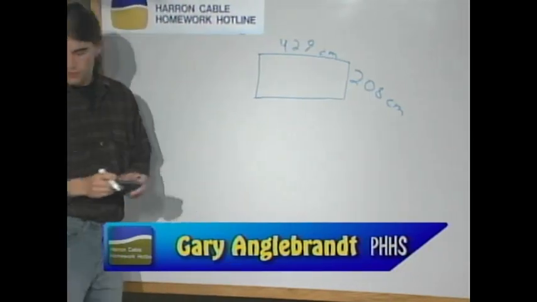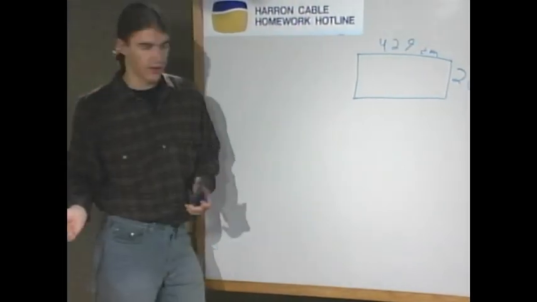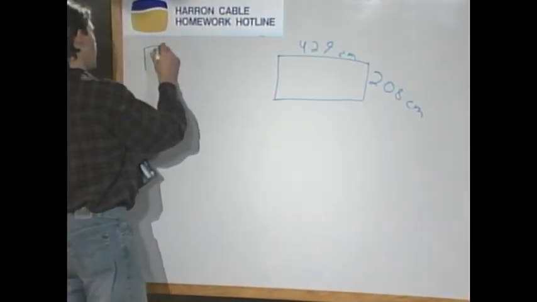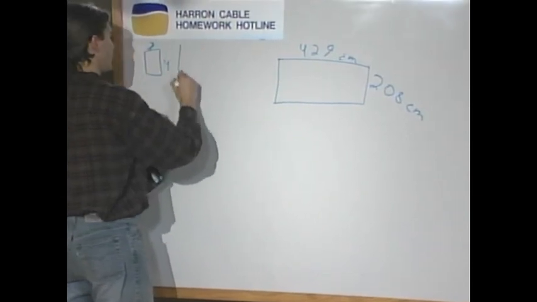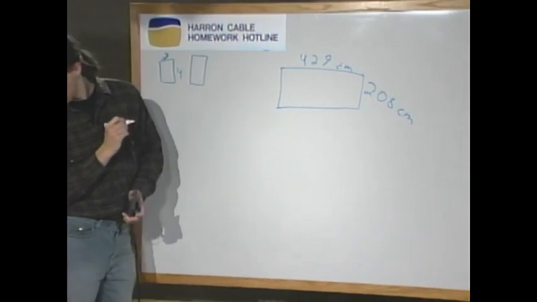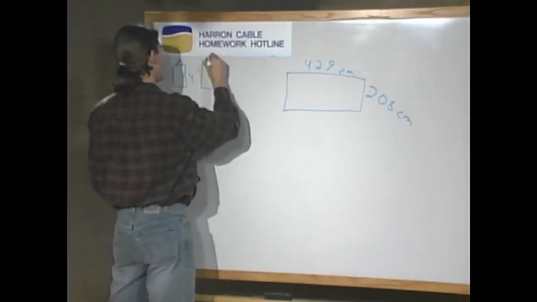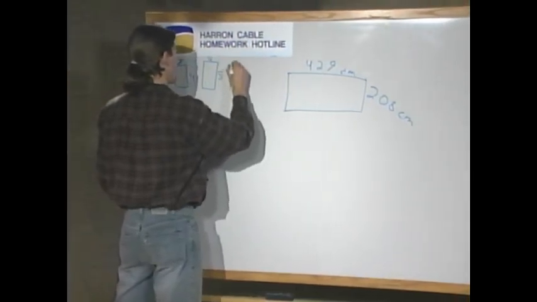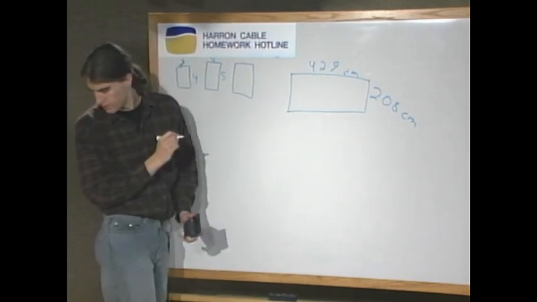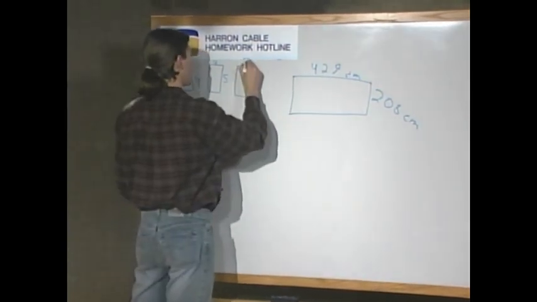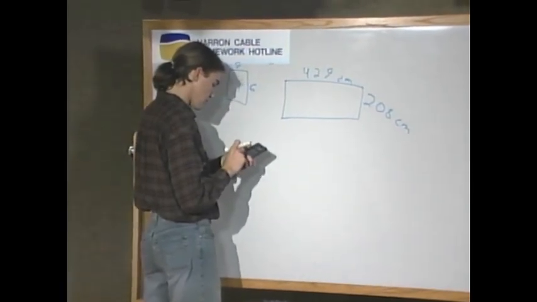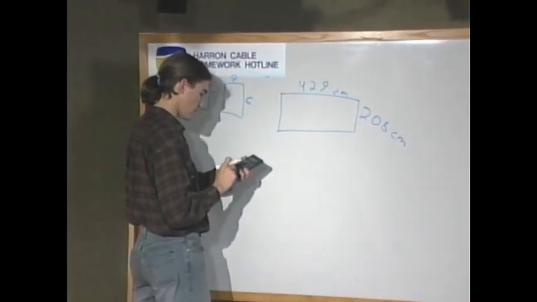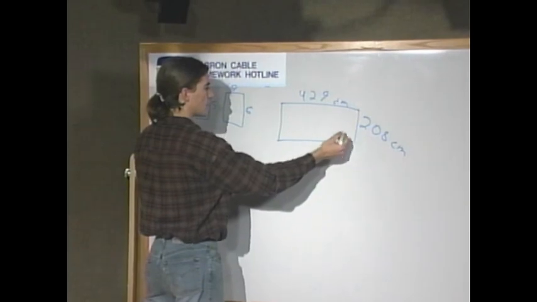Okay. And the first question is, which tile can she use out of a tile? You have one that's 3 by 4, one that's 4 by 5, and one that's 9 times 6. Okay, take 429 times 208 to find the area here, right?